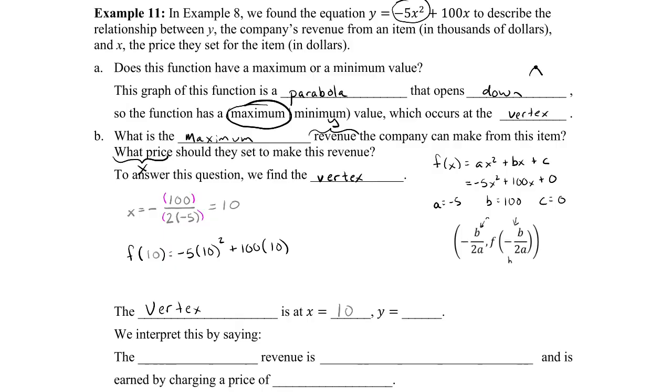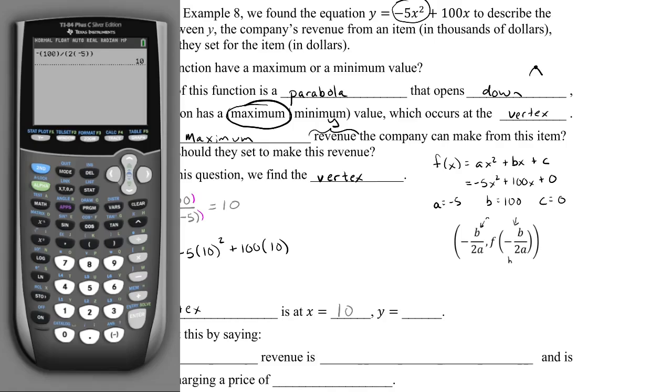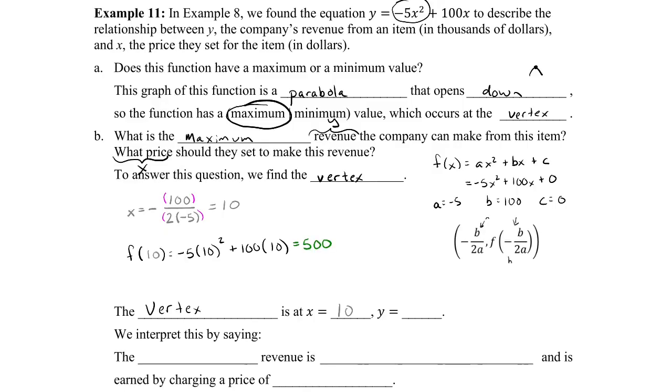And again, that's something we can just throw into the calculator. Negative 5 times 10 squared plus 100 times 10. And we get 500 for our y value. So the vertex is at x equals 10, y equals 500.